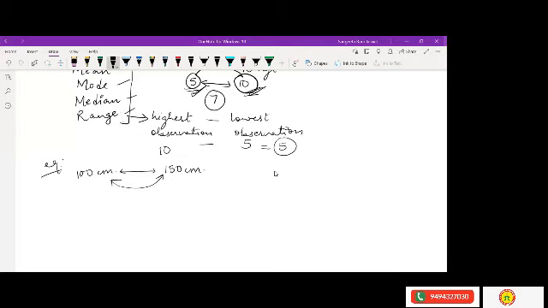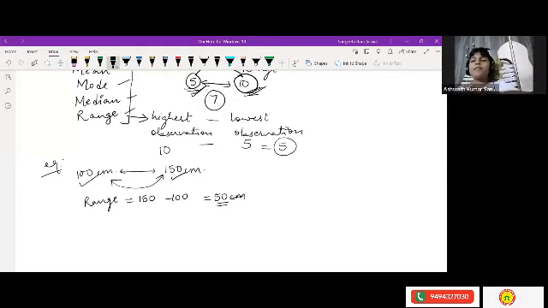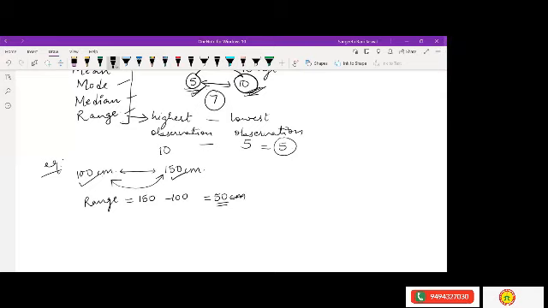Are you understanding? So this is your higher limit, this is your lower limit. So what is your range here? Your range is higher limit minus the lower limit. 50. All right.